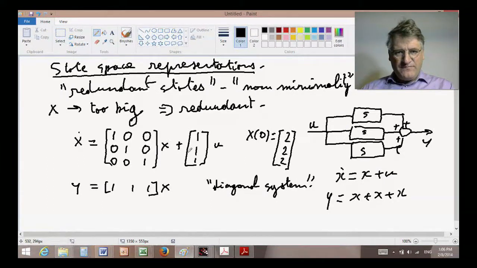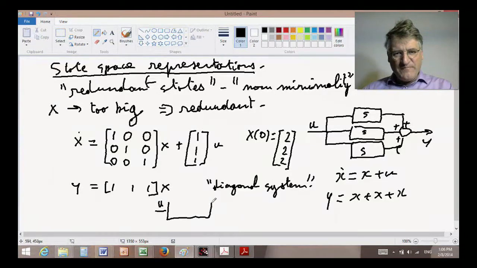So these 3 systems, which start at exactly the same initial condition, are totally redundant and could be simplified to the following. U feeds into the following system, S, and spits out y, which is now y is equal to 3 times x, if inside the system you only have x dot equals x plus u.